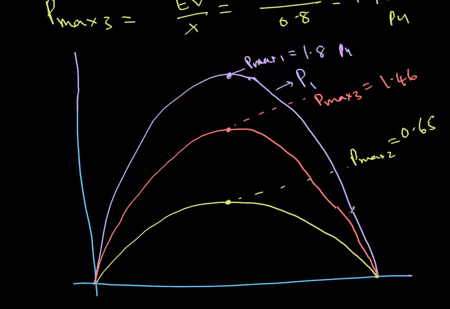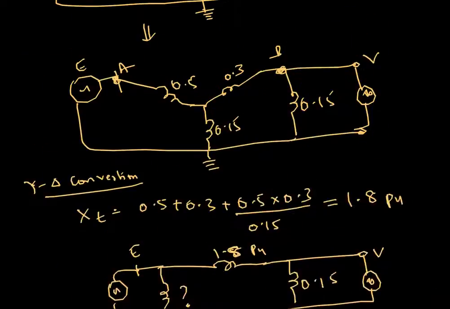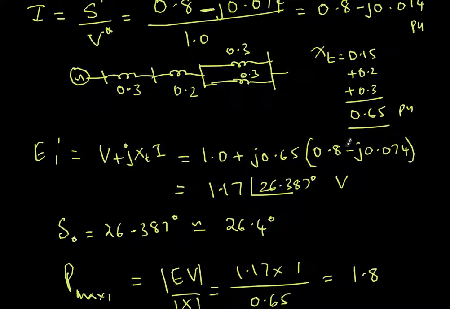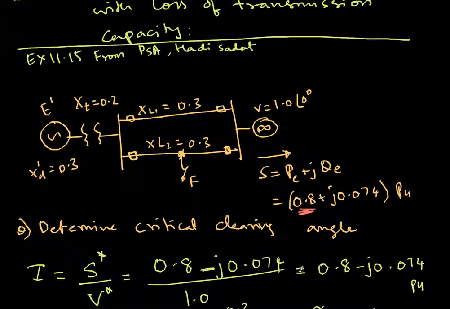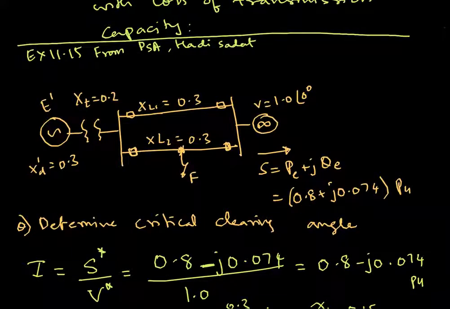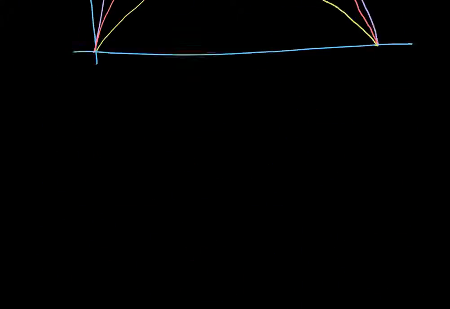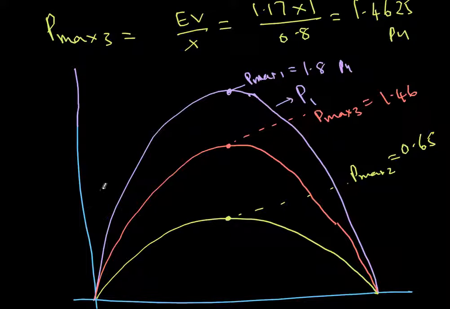And under normal operation, if I go to the question that is given, the active power that is going is 0.8, that is given in the question. So because active power is 0.8, at 0.8 I draw a line. So this is 0.65. So 0.8 line will be somewhere like this. Let me use a different color.